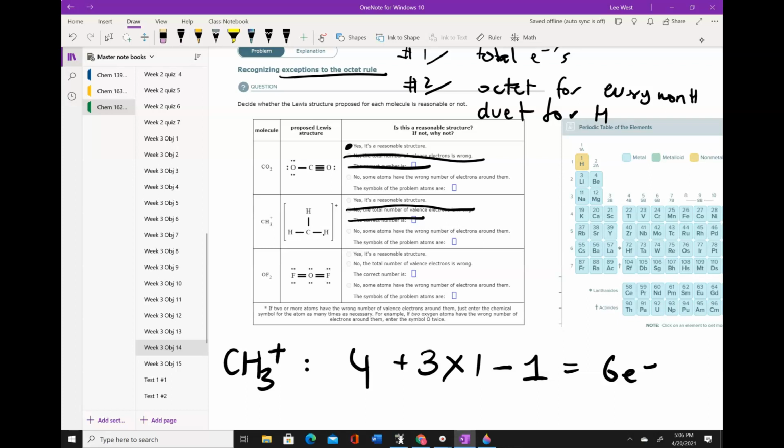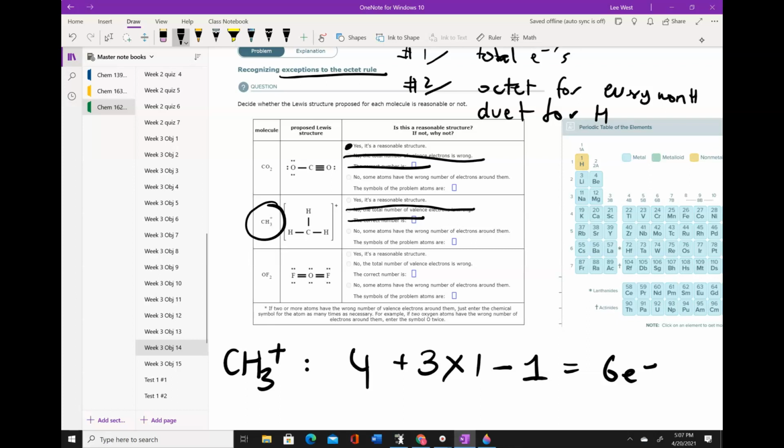There's a little bit of a problem here, isn't it? This is the best you can do because I only have 6 electrons. So how am I meant to have 8 valence electrons around the carbon? This is a little bit tricky. This thing is electron deficient.